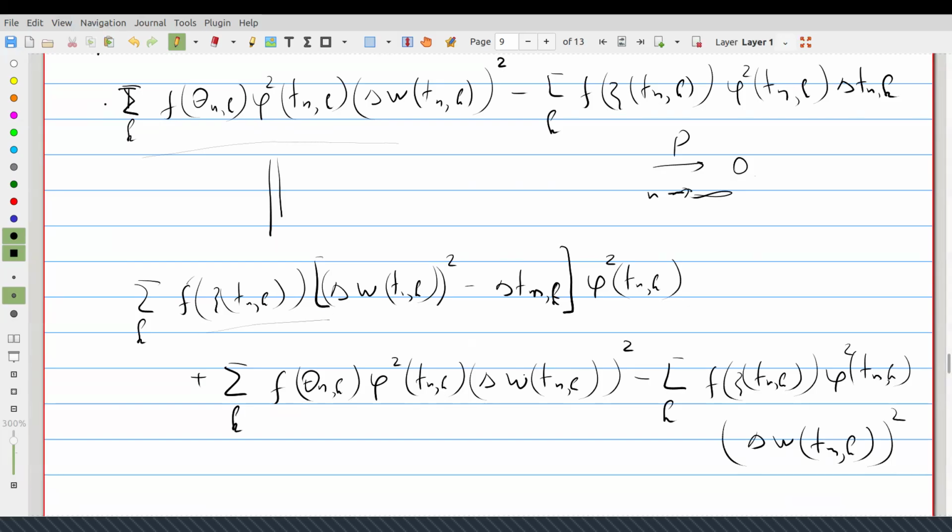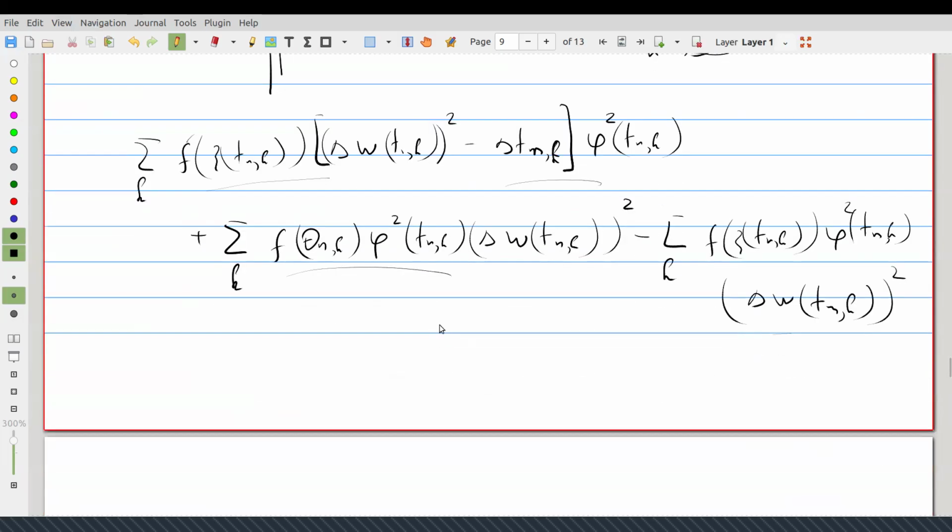So this term then cancels with this term, and we obtain the original expression. This part is this part, and this part is this part. So it's indeed a proper decomposition.